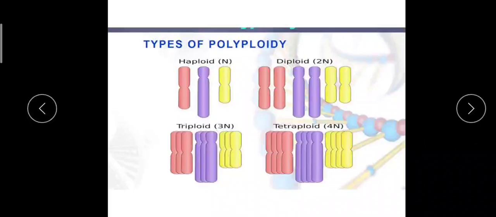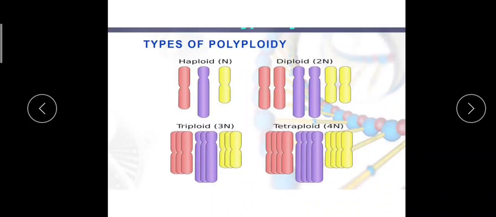Wheat is a polyploid species, and in this species vulgare, the 2n chromosome number is 42. The diploid number of chromosomes is 42. And then what will be its haploid number? Haploid will be just half of the diploid condition. So diploid is 42, so haploid will be 21.